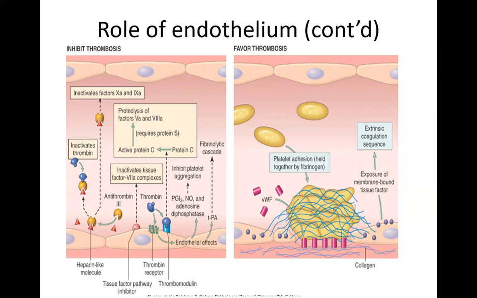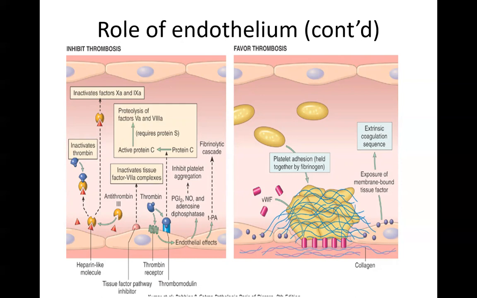So there are a number of factors which are closely related to either the plasma proteins or to the endothelium. And the collective function of all of these factors is to prevent formation of a clot or the formation of a thrombus under normal circumstances.